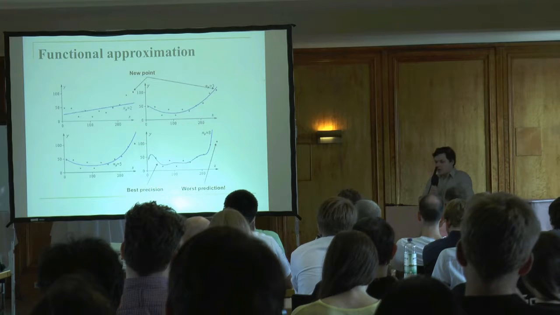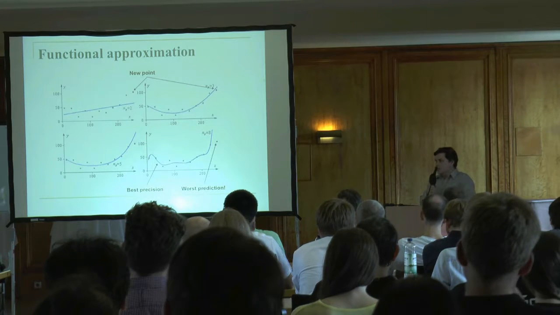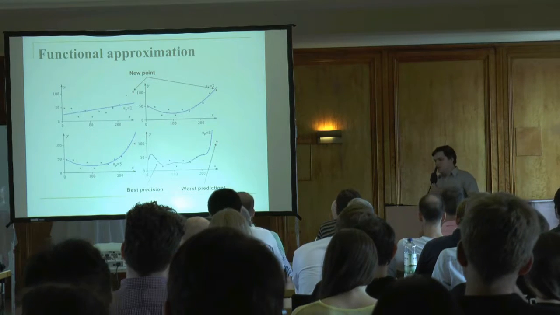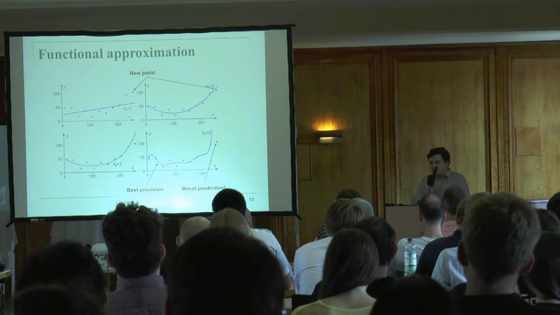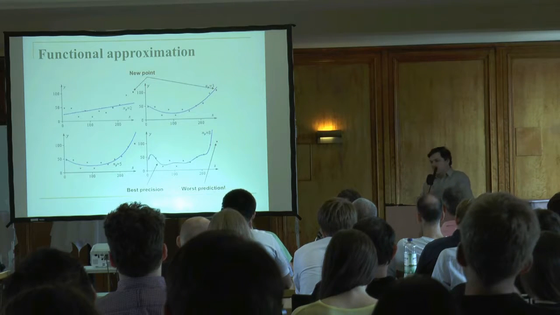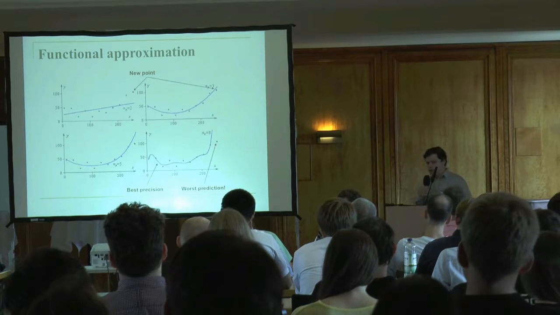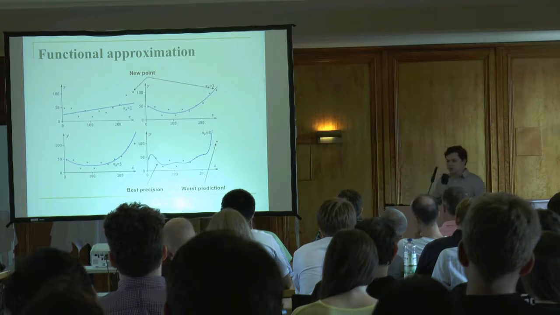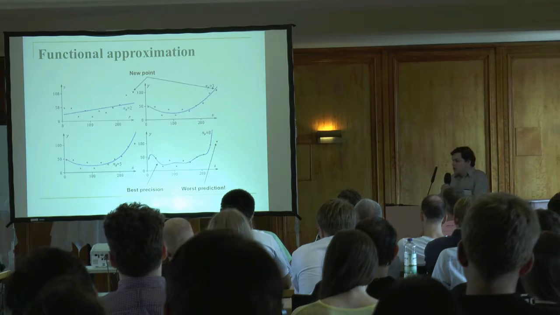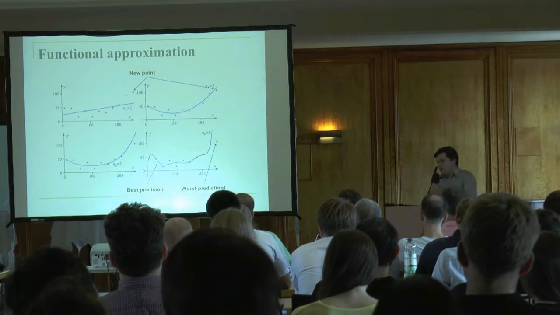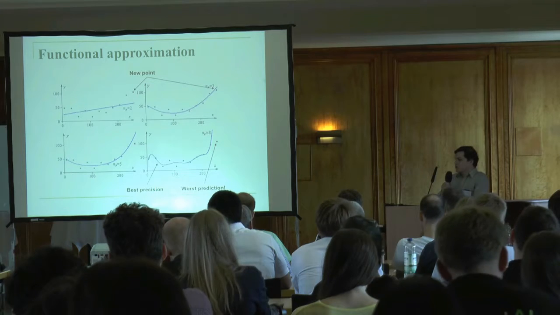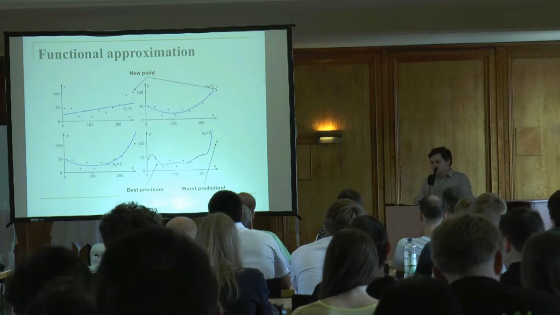Actually, it is quite a widely spread problem, and it is well known in the field of functional approximation. For example, if we try to construct a polynomial approximation of a given number of points, which are noisy points constructed by some process, and we try to minimize the minimum square error, in this case we again will obtain overfitting results.